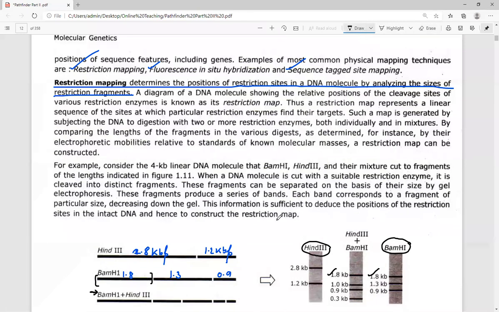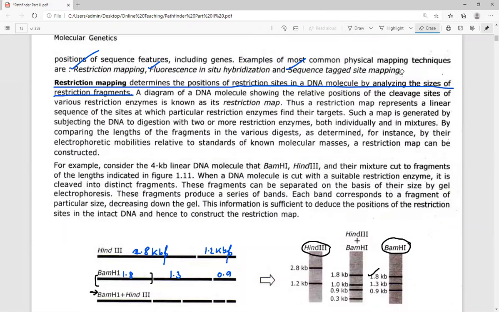HindIII will produce the following bands: a 2.8 kbp band, that would be on this particular side, and a 1.2 kilobase pair size band. Out of this 2.8 kilobase pair band, there would be two different bands produced. These two have been mixed together and then used.